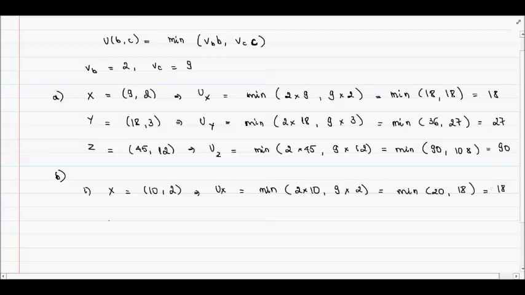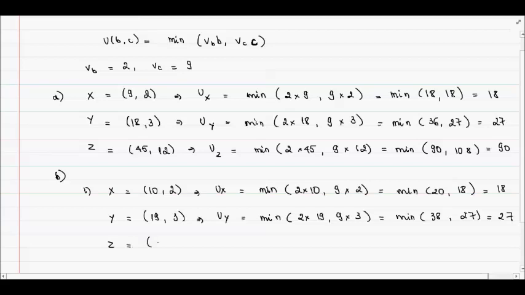Now for bundle Y, bread is now 19 and we still have 3 units of cheese. So UY is the minimum between 2 times 19 and 9 times 3, so the minimum between 38 and 27, and therefore it's still 27.